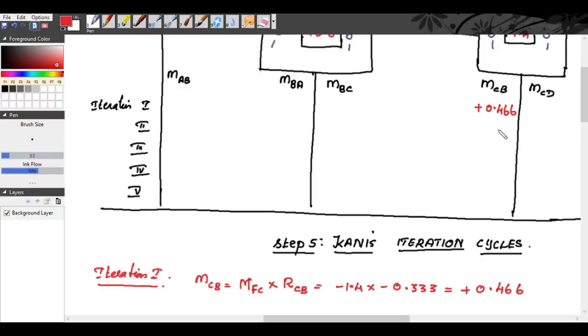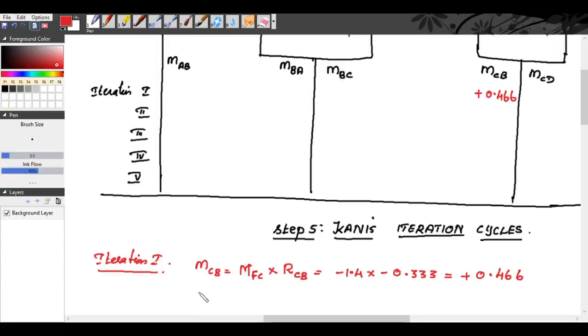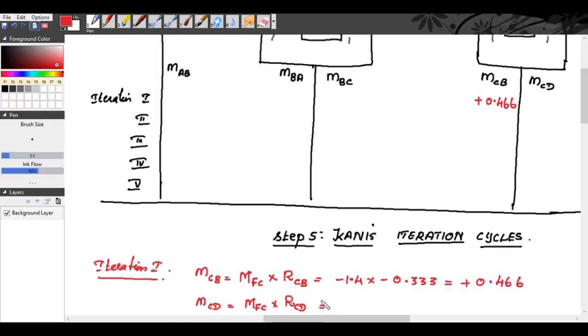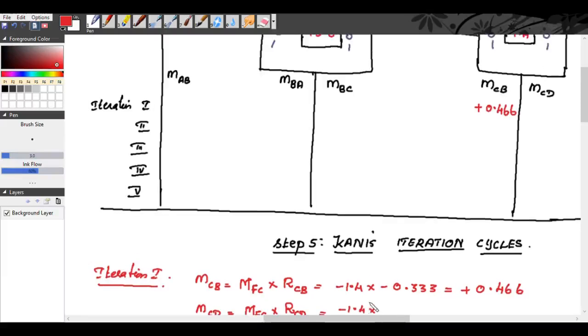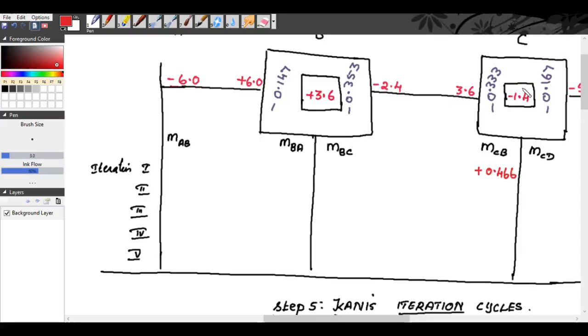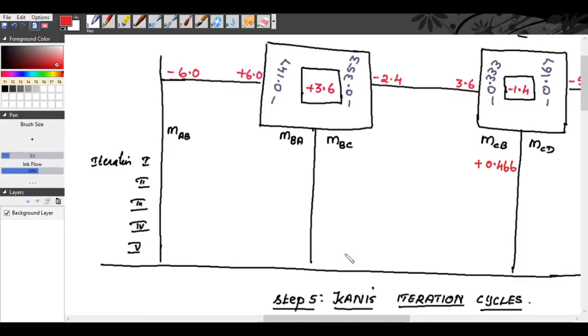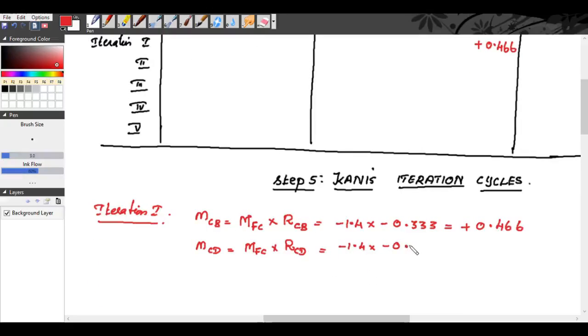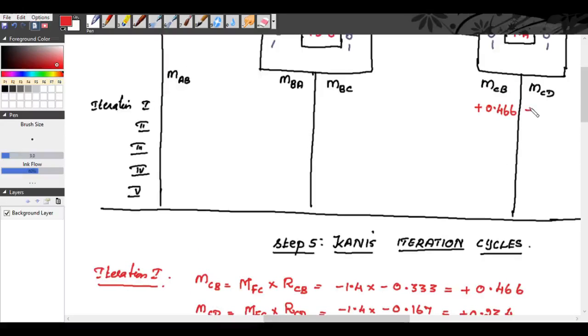Now we will find MCD. MCD is also equal to MFC multiplied by RCD. That is minus 1.4 multiplied by minus 0.167, it is plus 0.234. So it is plus 0.234.